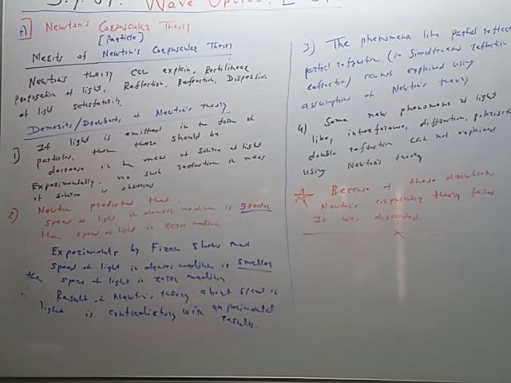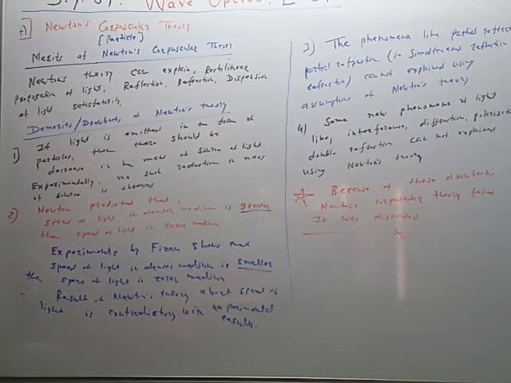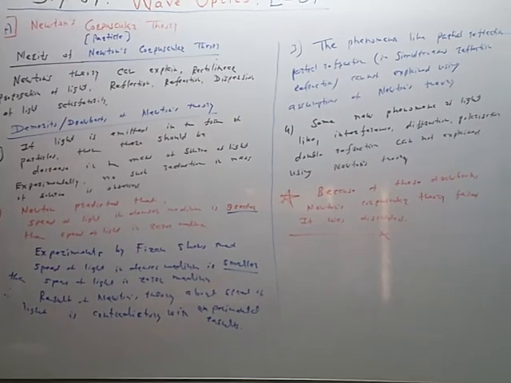Nowadays we cannot accept Newton's corpuscular theory. Why? Because of these four drawbacks. There are one or two simple experiments which show that Newton's corpuscular theory is wrong, and what is the new theory that we have to see. Okay, we'll stop here.